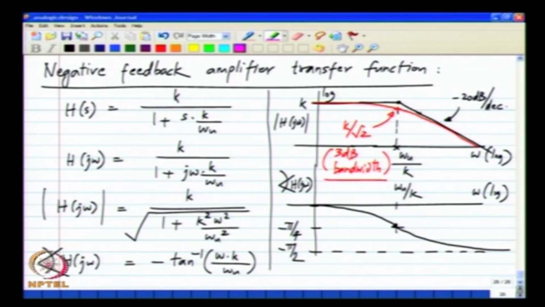As for phase, at low frequencies the phase lag is small, and then it increases to π/4 at ωu by k, and it increases to π/2 at very high frequencies. So, we will see what happens to the sinusoid when you pass it through this type of amplifier.